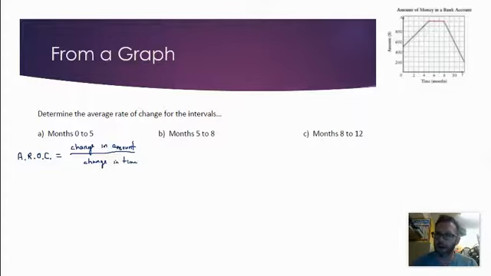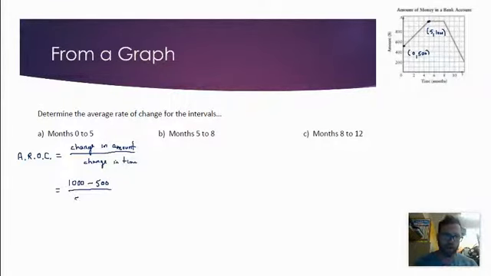I can see that at 0 months, I had 500. At 5 months, I had, careful here, it looks like 1,000. And so what's the change? I'm not trying to insult anyone's intelligence. I know you guys could do this with mental math, but I'm just showing how the process works. Hopefully this is mainly a review for you. But 1,000 minus 500 is the change in the amount between those 2 points.